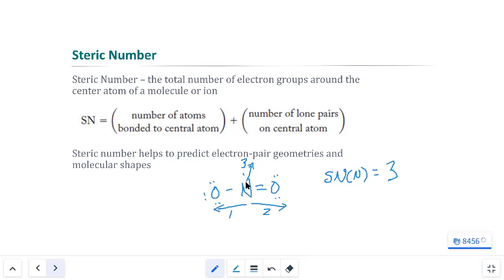One to the oxygen on the left, one to the oxygen on the right, and one to the unshared electron that's just kind of hanging out on top of the nitrogen there. And if there was another one, it would have been paired with the unpaired electron there. But if there were two sets of dots on the nitrogen, yes, it would be 4.